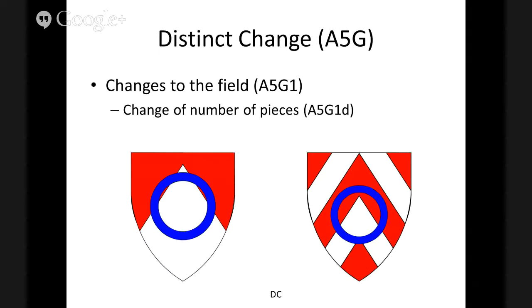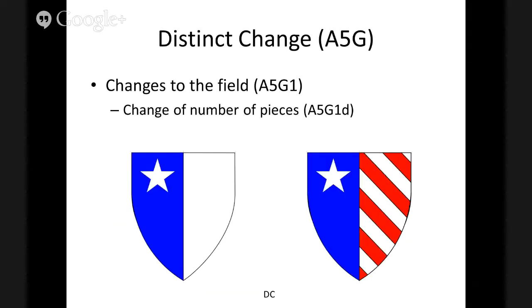So, how many pieces is the first field divided into? 2. How about the right one? 2, 3, 4, 5. Remember, after 4, you can stop counting. Anything over 4 is many. So that's a DC, right? 2 versus many. How about here?